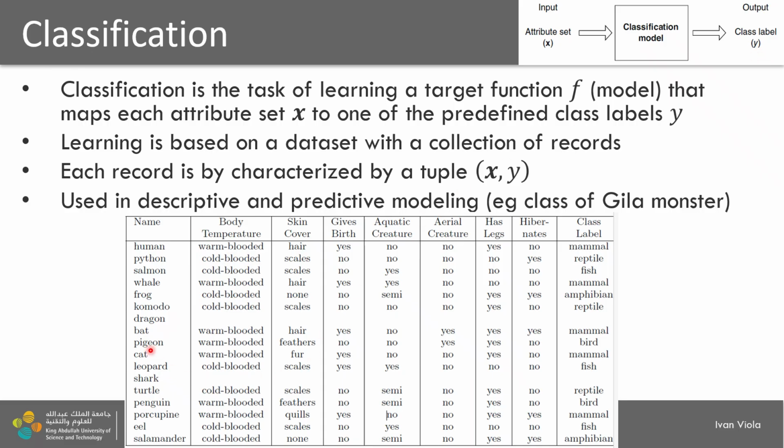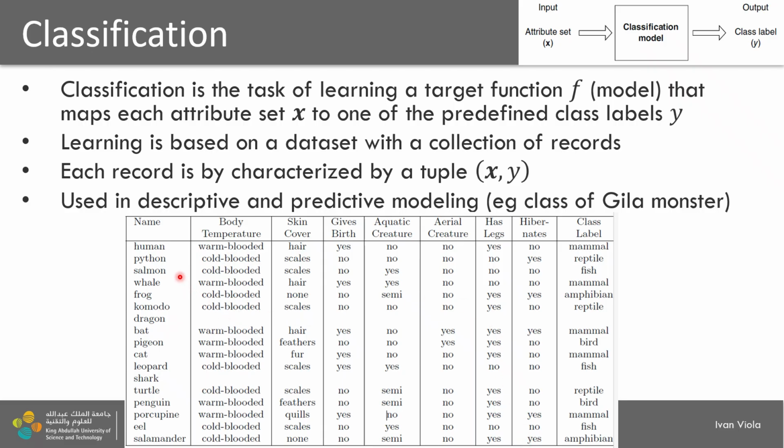So, for example, we can see here the table of various data entries of various life forms, various animals. And we can see their characteristics, such as whether the body temperature is warm-blooded or cold-blooded, whether they have skin-covered types of hair or scales, whether they give birth to their young ones or lay eggs, whether they are aquatic creatures or not, whether they are aerial creatures, whether they have legs or not, and whether they hibernate.